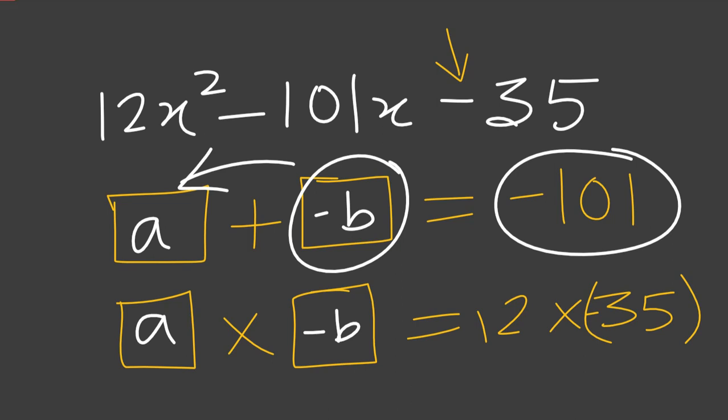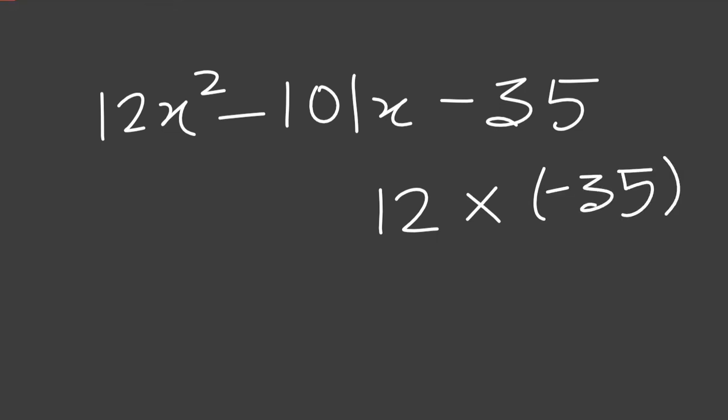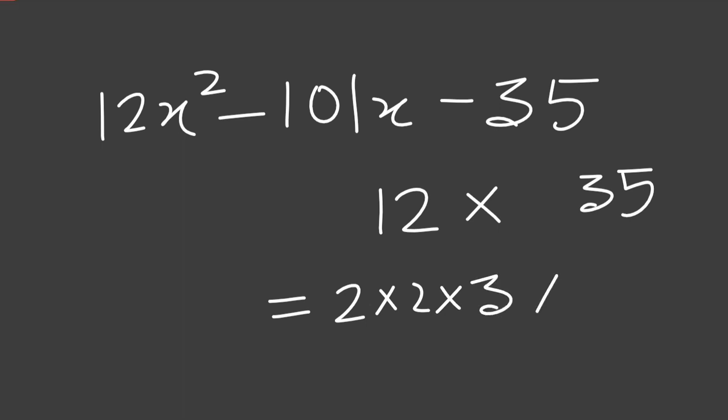For example, let me just erase it. 12 and minus 35, right? So let us ignore this minus sign, we shall not write it now, and let us factorize 12. That is 2 into 2 into 3, the factorization of 12, and for 35 it is 5 into 7.